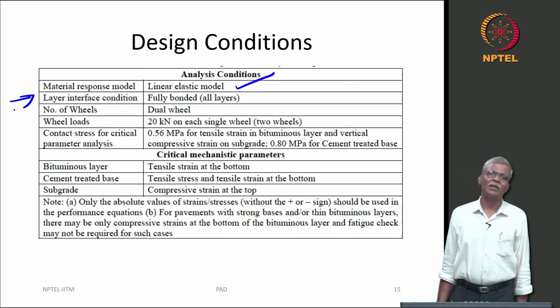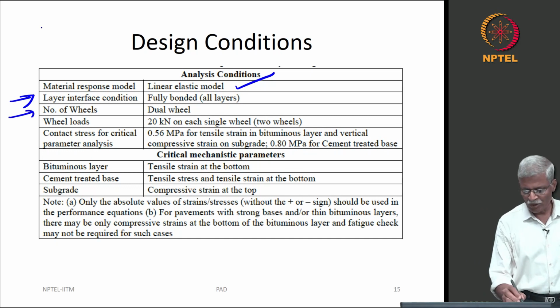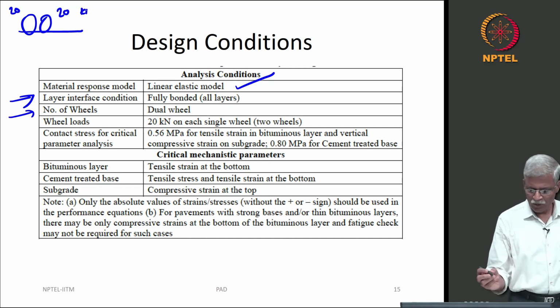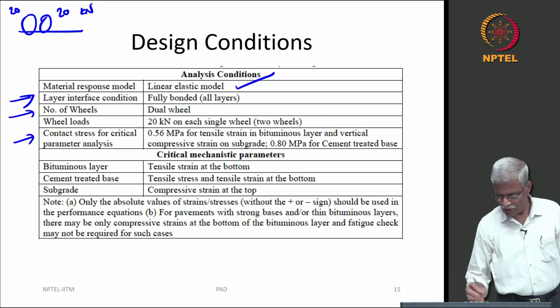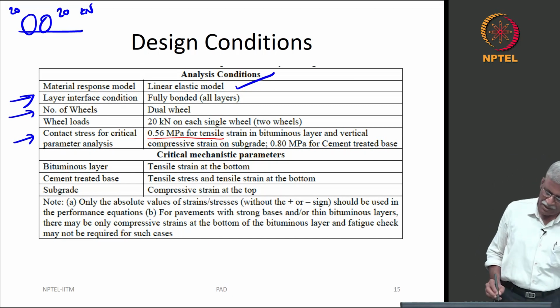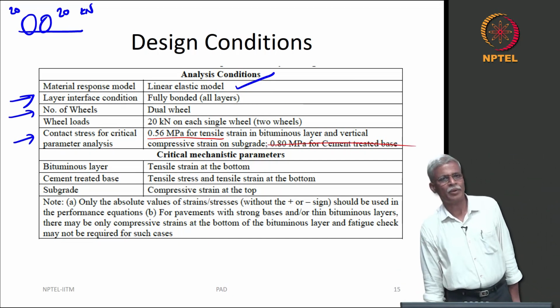What is that? It is fully bonded, and the number of wheels is dual wheel. That means you have 20 kilonewton, and the contact stress that you are going to see here is 0.56 MPa. We will not be worried too much about the cement treated base.